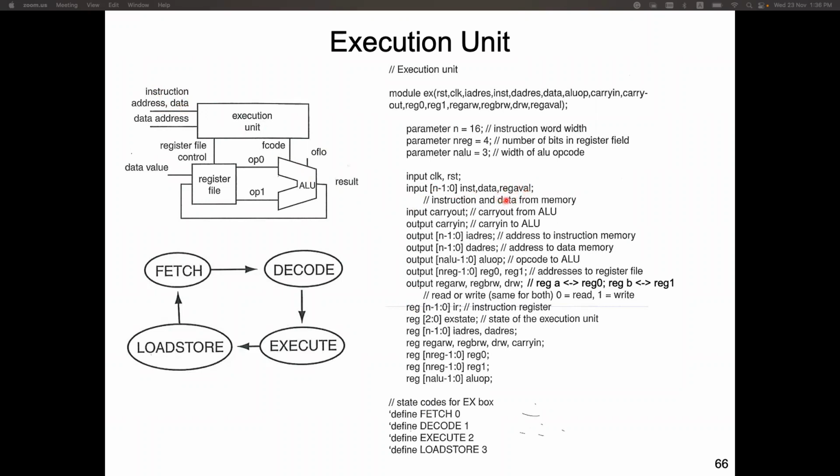And also an input called the register A value. This input data is used for the J0 operation, jump if 0. If this register A input is 0, the jump will take place.